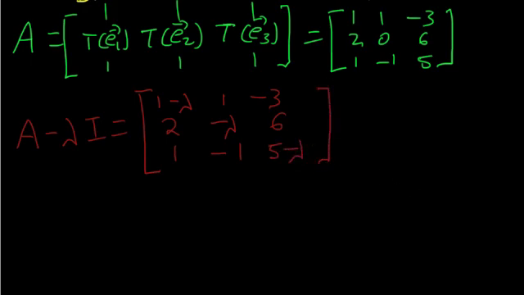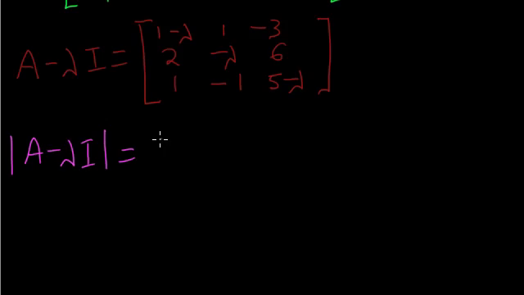Now we need to find the characteristic polynomial of A minus lambda I. That is the determinant of A minus lambda I. I will expand along the first row.